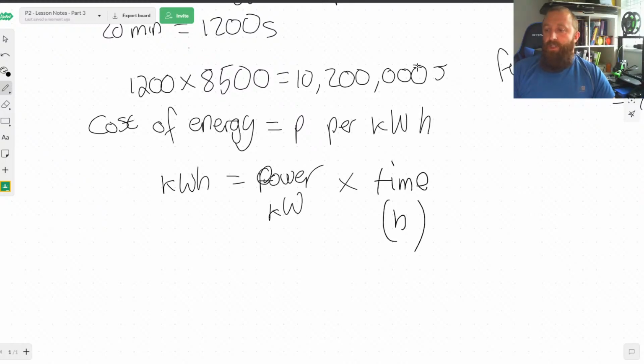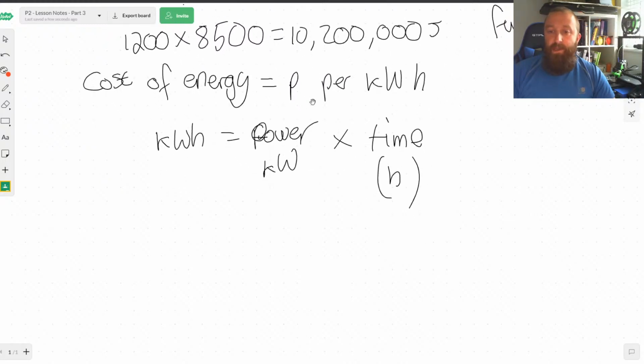Okay, so I'll do the example for my sister in the shower again. She's my sister, so I'm allowed to pick on her. It's absolutely fine. We can do the calculation for this. So we know that the power rating was 8.5 kilowatts.